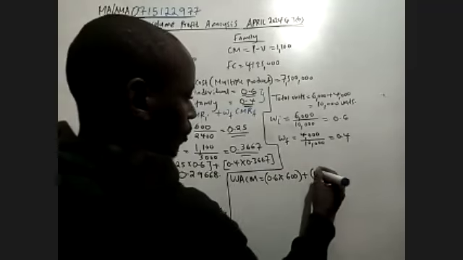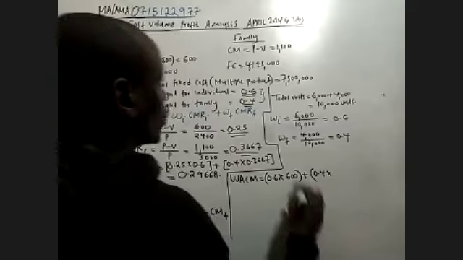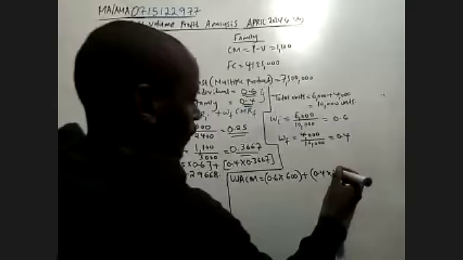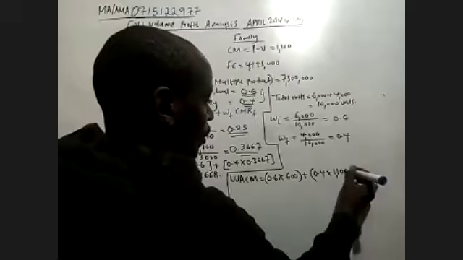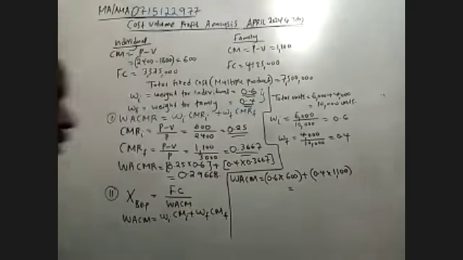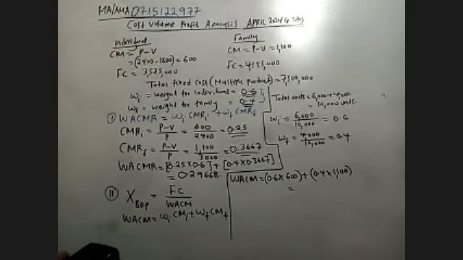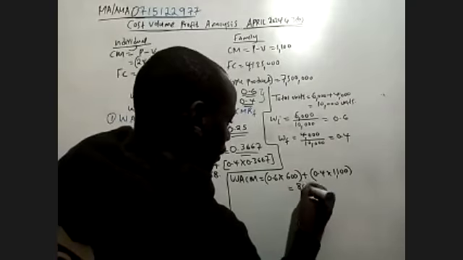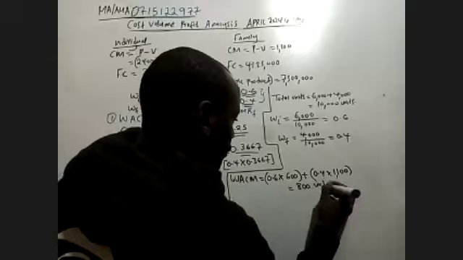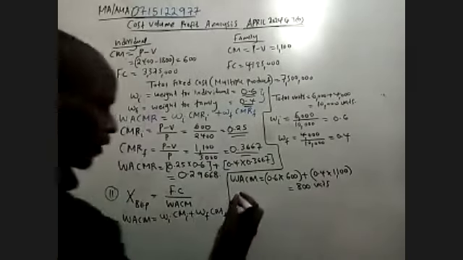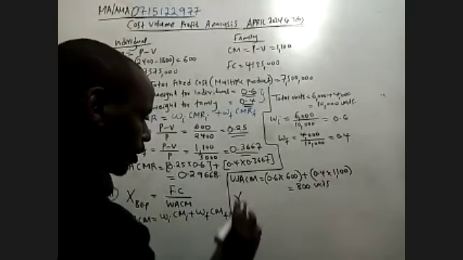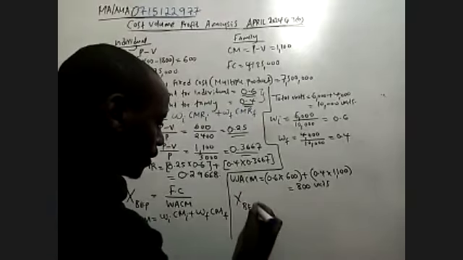Weight is 0.4. What is the contribution margin? So it's 1,100. Let us see, that is 0.6 times 600, 0.4 times 1,100. Itakuwa ni 800 per unit. So the weighted average contribution margin.